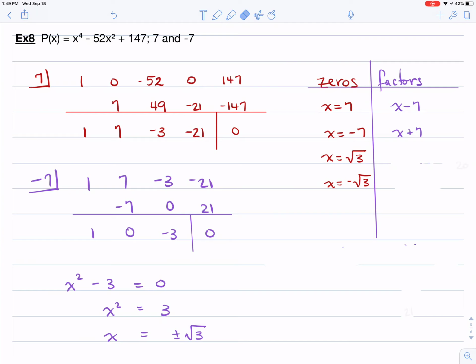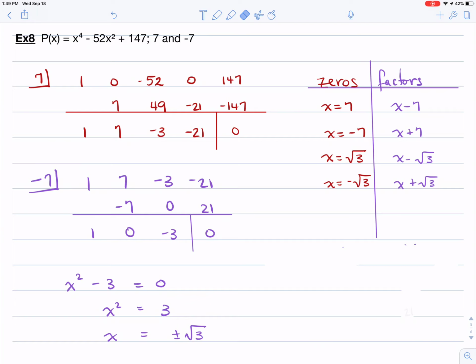And the factor of x equals negative 7 can be turned into a factor of x plus 7. The 0 of x equals root 3 can be turned into a factor of x minus root 3. And x equals negative root 3, 0 can be turned into the factor x plus root 3.